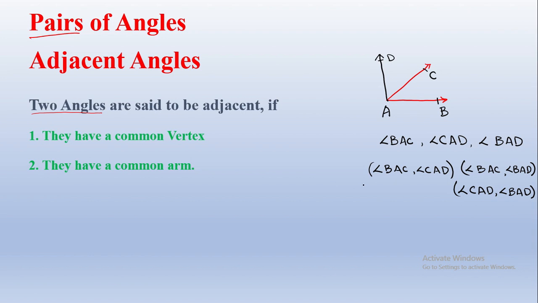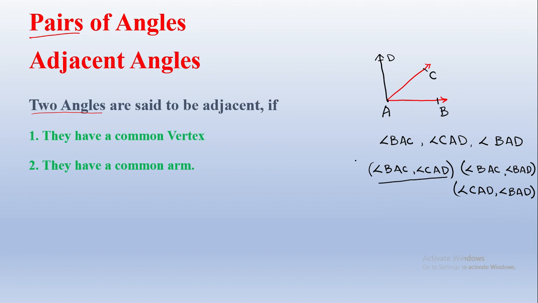Now we will see which pair will be called an adjacent angle. As we can see in the first pair, angle BAC and CAD, we have the same vertex, which is vertex A. Then we have a common arm, that is AC, in both these angles.